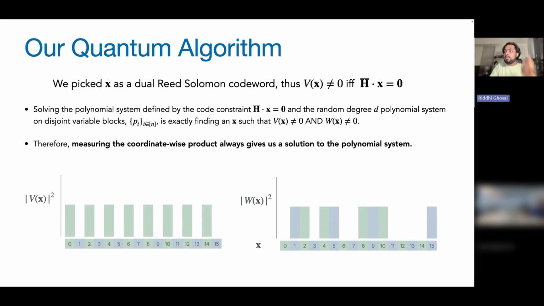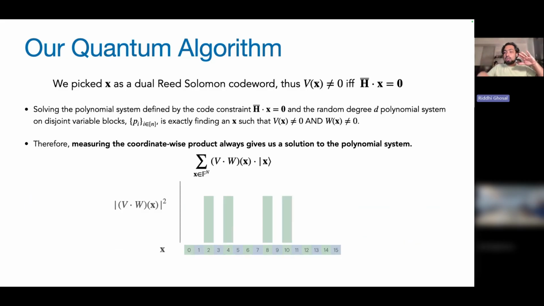So Vx and Wx will be simultaneously non-zero only when x satisfies both of these constraints at the same time. So if I can extract out this particular superposition and we measure, it's guaranteed that we'll only be measuring those x's for which v and w are both non-zero. And that will happen when x satisfies both of the constraints that we want. So that's why this is our goal.